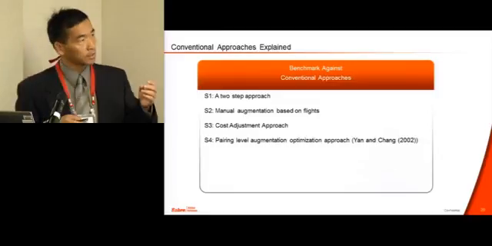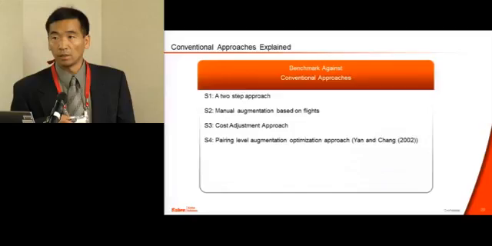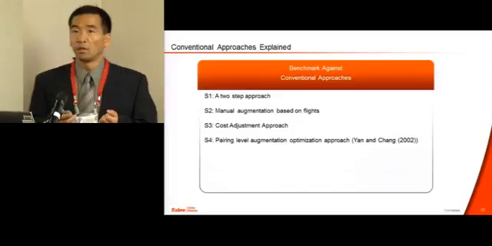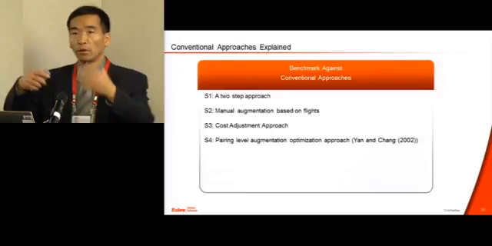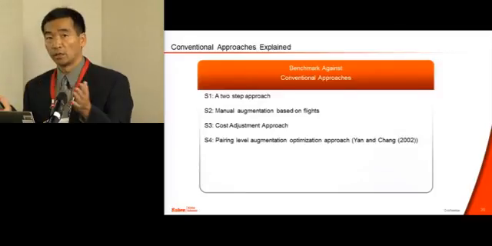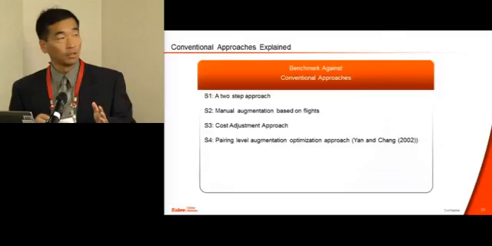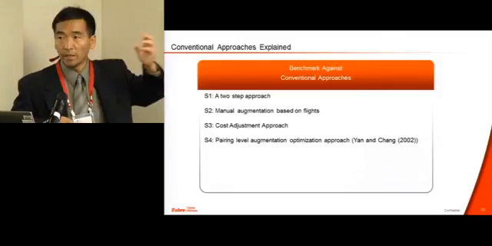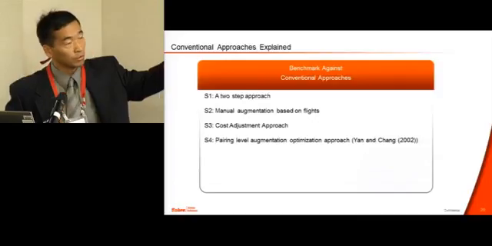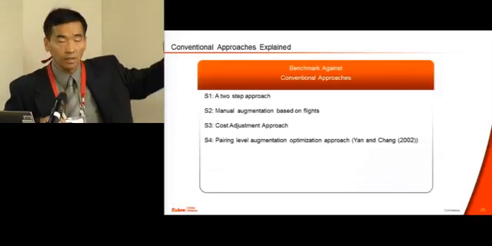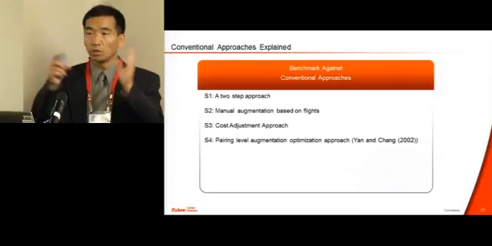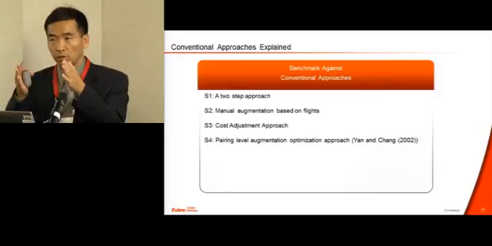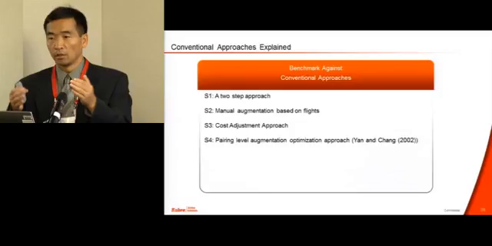The second approach we benchmark against is a manual augmentation approach, where the user manually fixes the augmentation requirements for all the flights just by looking at the flight. They set the augmentation requirements a priori and then solve a basic crew pairing problem. The third approach is slightly more sophisticated. It's to adjust the duty cost, to try to predict how extra pilots will come in, to account for those extra pilots on that duty.